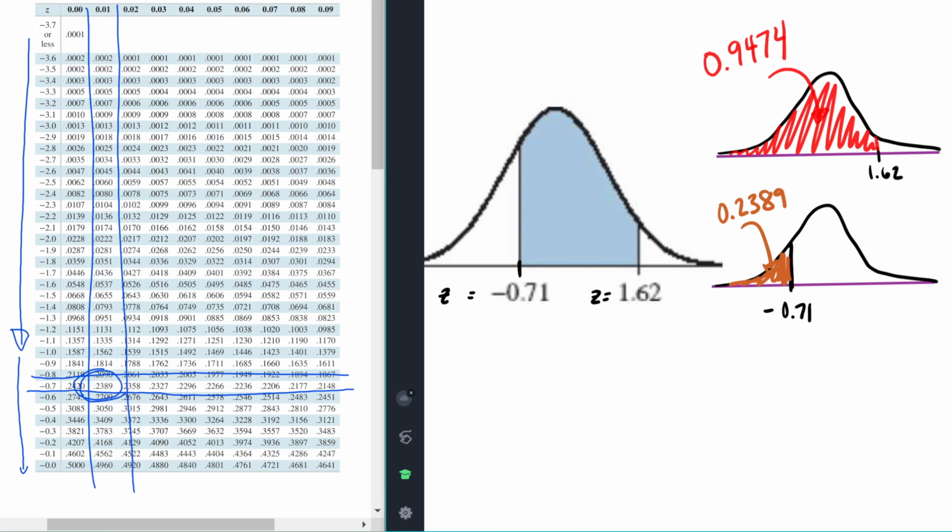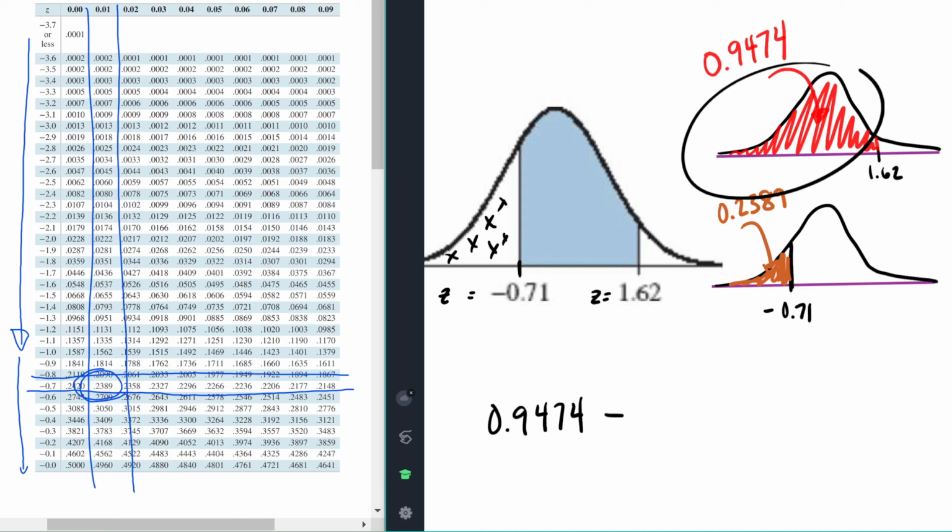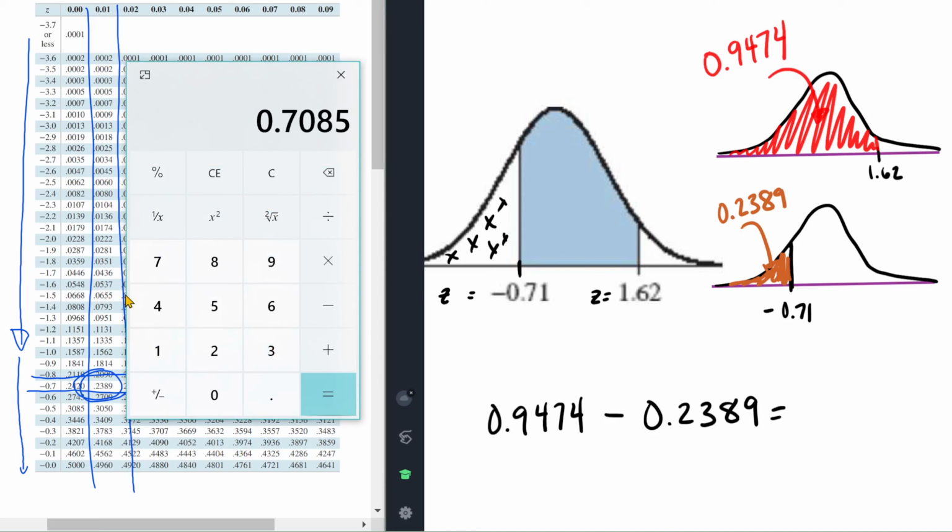And specifically, if we want to find the region between negative 0.71 and 1.62, we're going to take the overestimate of 0.9474 and subtract exactly the portion that we wanted to exclude, which is the tail before negative 0.71, which happens to be 0.2389. Subtracting these two, the area between these two values is 0.7085.